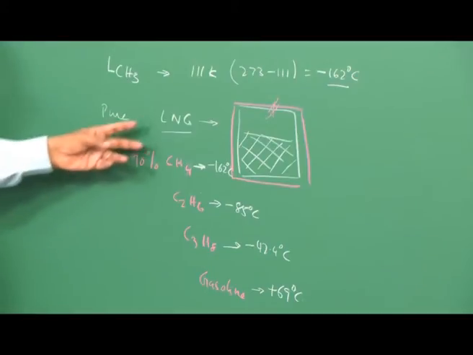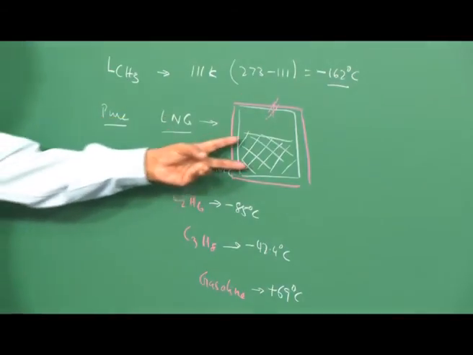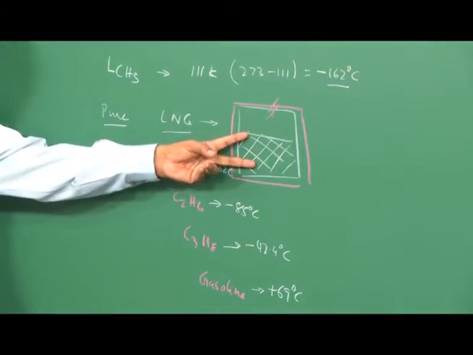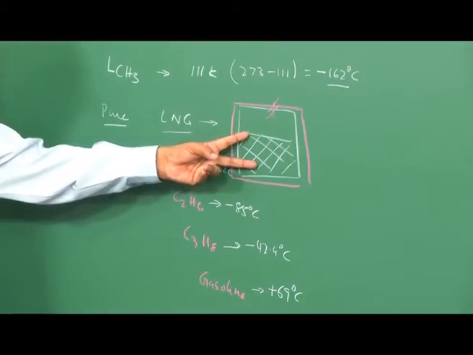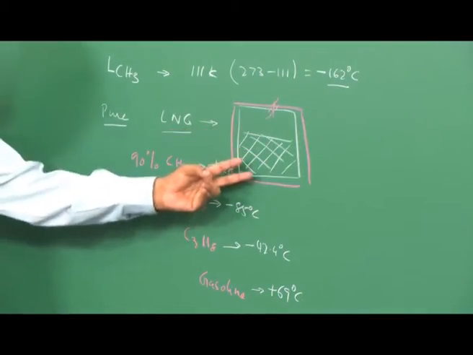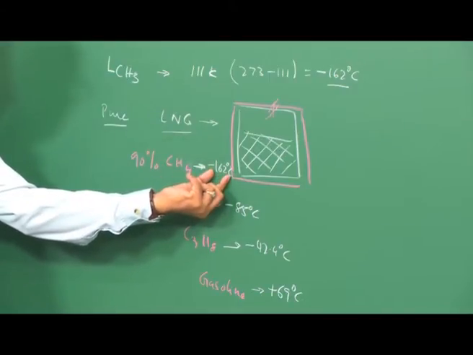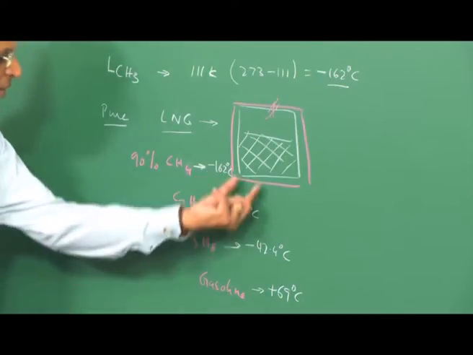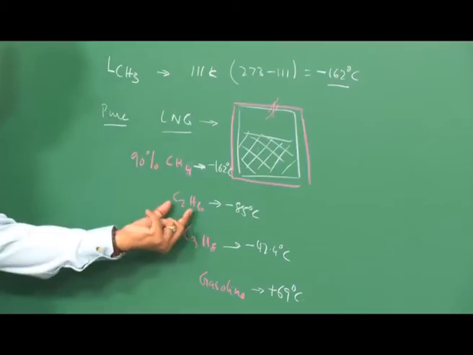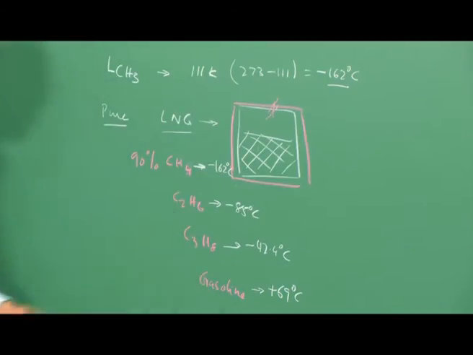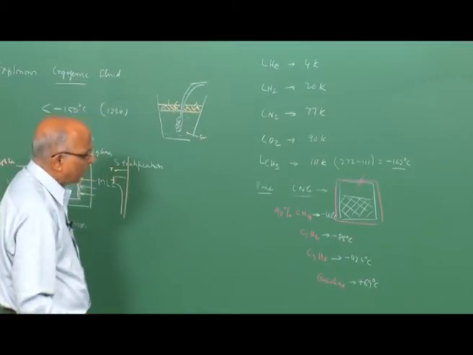Therefore, LNG, which is stored in large quantities all over the world, is not pure methane at this boiling point temperature at atmospheric pressure, but also has traces of ethane, propane and gasoline.